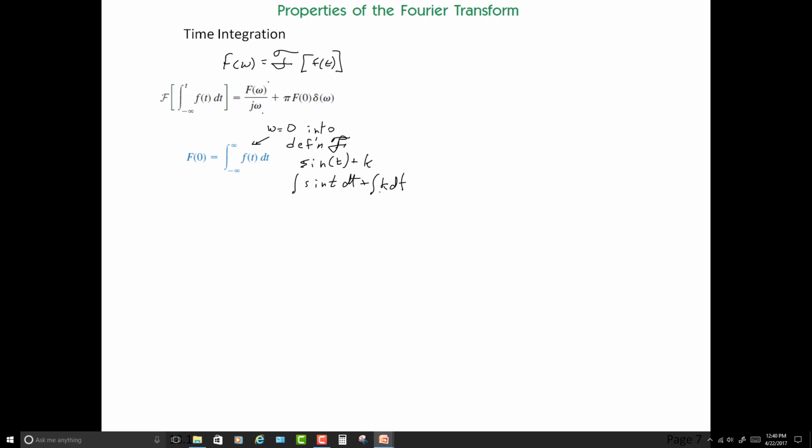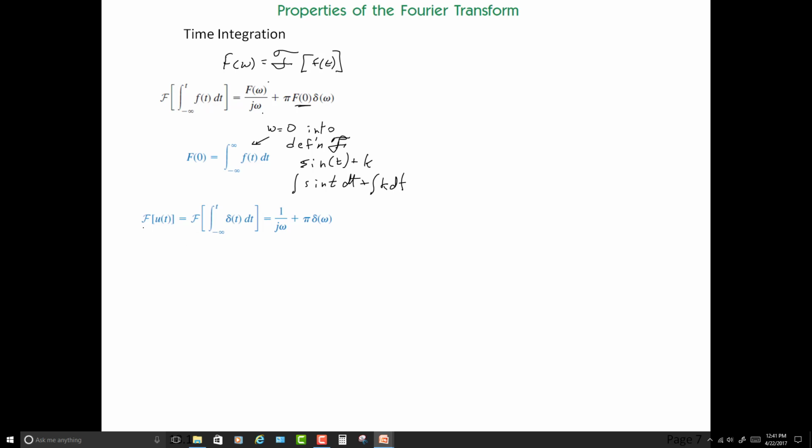So we will end up with some constant number here, but we certainly don't want it to be infinity. This will have an e to the minus j omega t on it. So if we fill all that out and omega is 0, this portion will go to 0 and you'll have a constant. But that's to be expected. If I build in an offset, I expect to see it show up in the Fourier transform. So that's allowed for right here, a non-zero one.